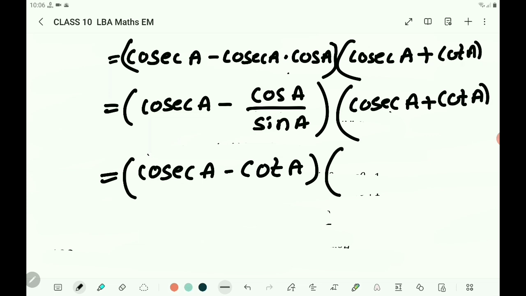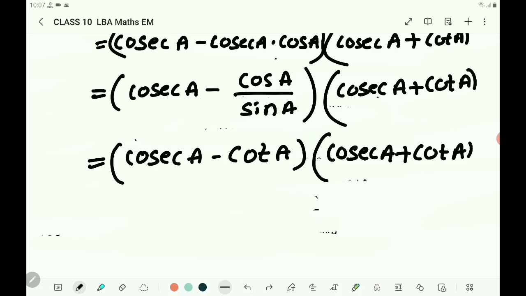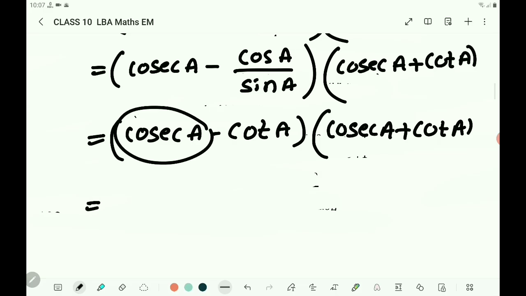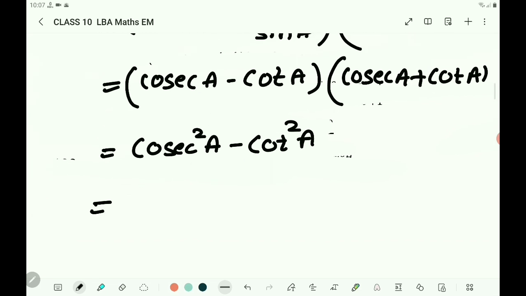Write this cosec A plus cot A as it is. Again you got it in the form a minus b into a plus b, which is equal to a square minus b square, that is cosec square A minus cot square A. Here you can express cosec square A as 1 plus cot square A. So cosec square A is equal to 1 plus cot square A, and you write minus cot square A as it is.